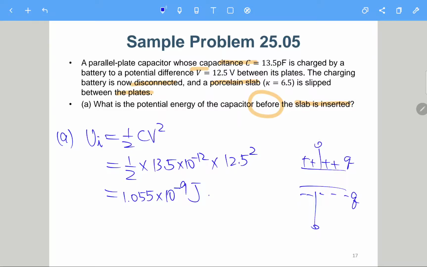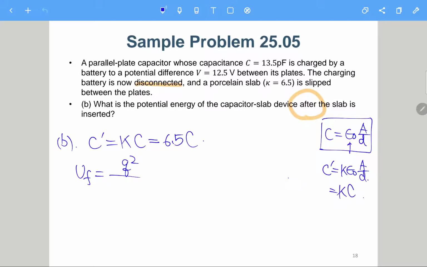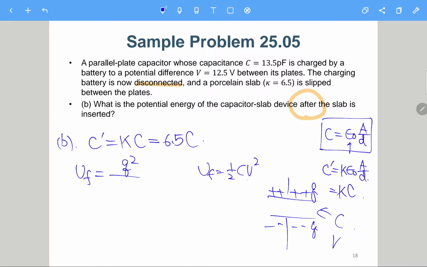So no charge can go in or out. For this case, we still have the same amount of charge. The charge cannot change. And the C increases, so the V will also change, so we cannot use U_f equals 1/2 CV squared because V already changed. So this is not good for this case. So we use Q squared over 2C prime.